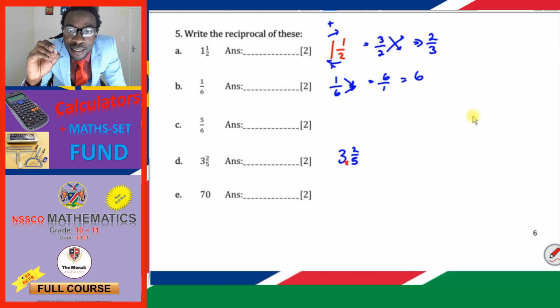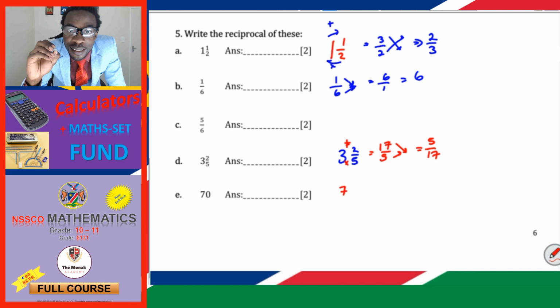So 5 times 3 is 15, 15 plus 2 is 17. So 17 over 5. Now this one comes there, this one goes there. So it's 5 over 17.